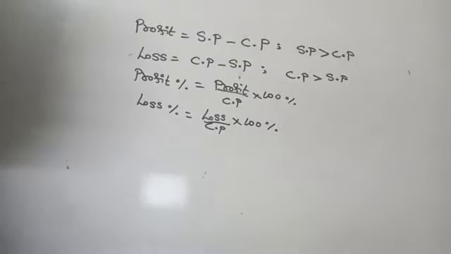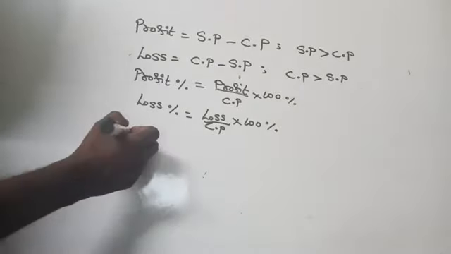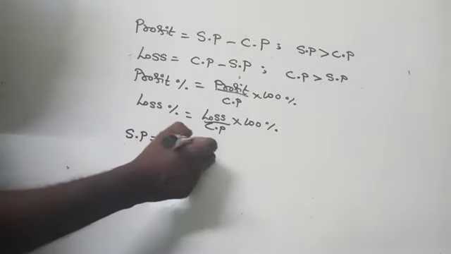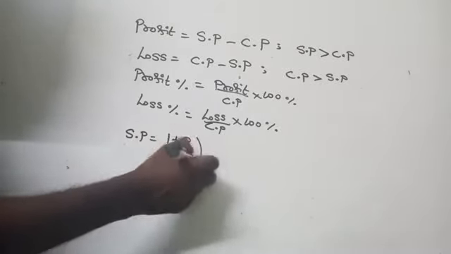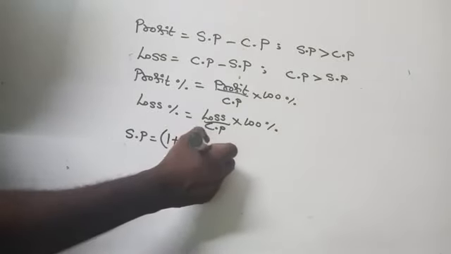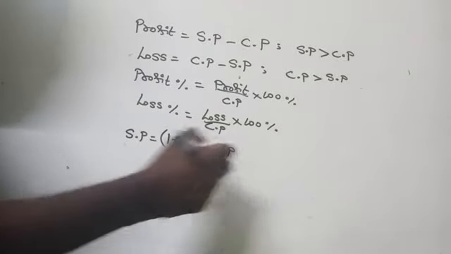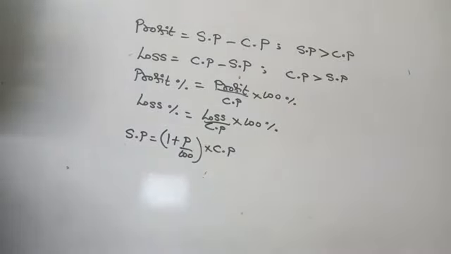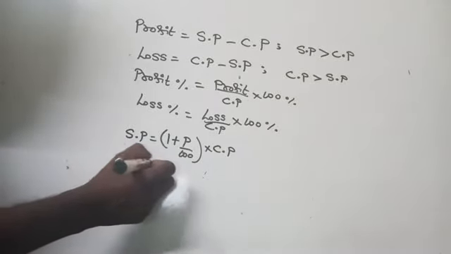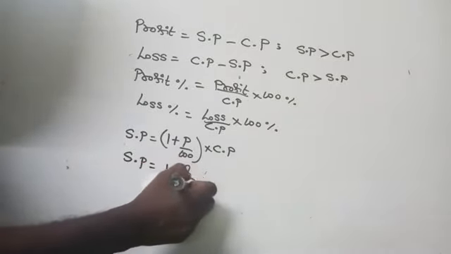Then there is a relation between profit percentage, selling price and cost price. Selling price is equal to (1 plus P by 100) into cost price, where P by 100 means profit percentage. If the loss percentage is given, then selling price is equal to (1 minus L by 100) into cost price.